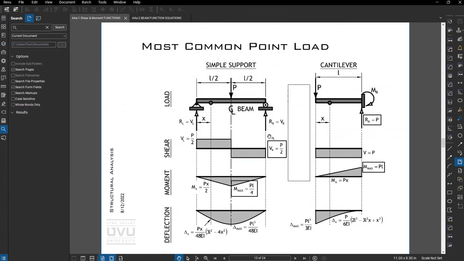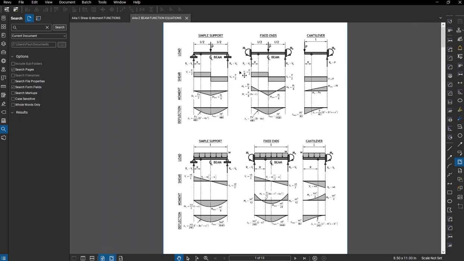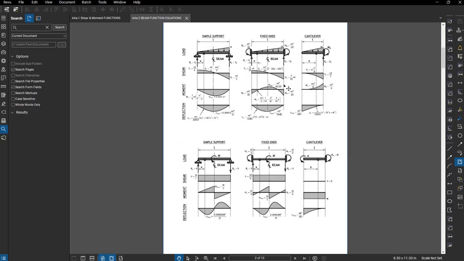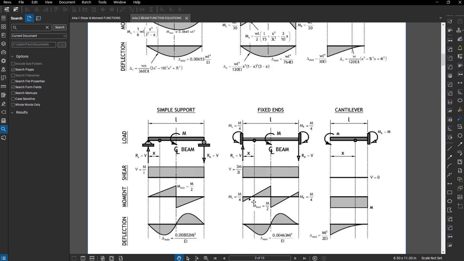Okay, so in here there are tables for a cantilever with a point load. Actually, let me open up this PDF that I've given you. So this has a lot more in-depth tables. It has some for moments, for fixed ends, provides the shear and moment deflection diagrams for those, and the associated equations.